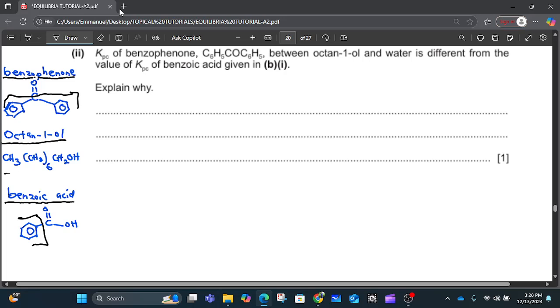And you can see that the octan-1-ol, which is the organic solvent, most parts of it is non-polar. So it means that benzophenone is going to dissolve more in octan-1-ol than benzoic acid. So therefore, the KPC value calculated in II will be higher than the value calculated in B I.